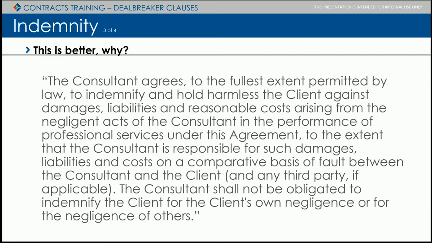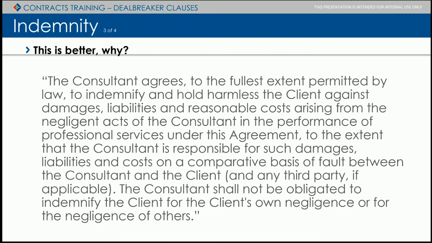So there'll be a percentage number by each company. And so why we want to call out that we'll indemnify for our negligence on a comparative basis of fault, what that's saying is that to the extent the jury finds I'm 13% negligent, then we'll pay and indemnify 13% of the award, if there is one, right?